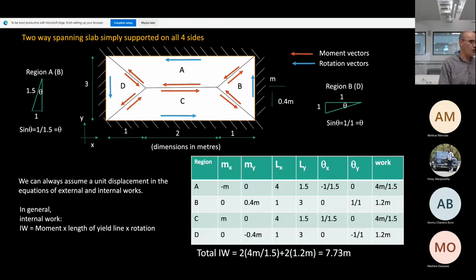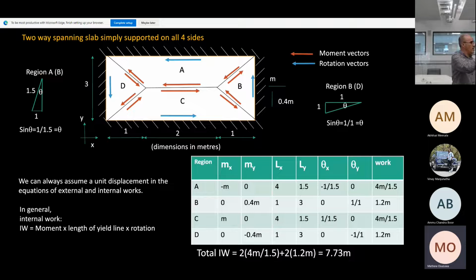Now we have a truly two-dimensional problem. This is the yield line pattern, as we said before, for a rectangular slab supported on 4 edges. The yield lines will divide the slab into 4 regions. Do you agree?